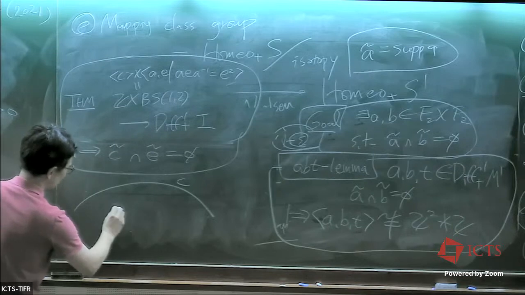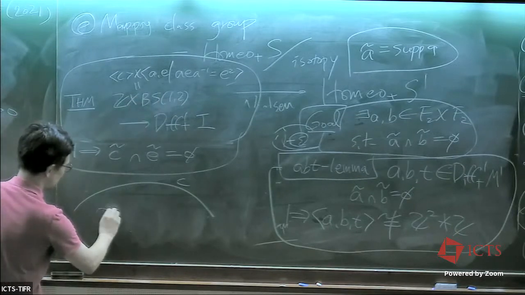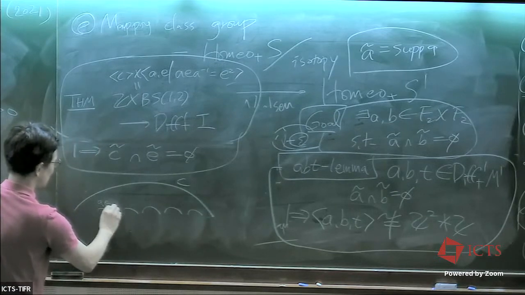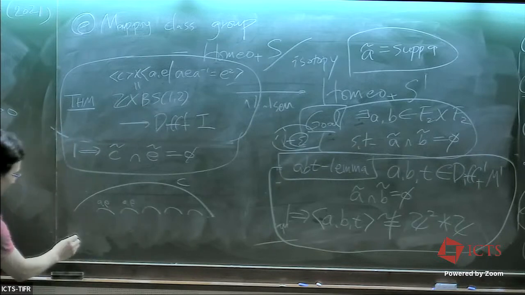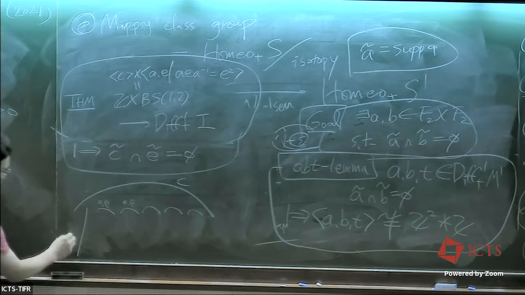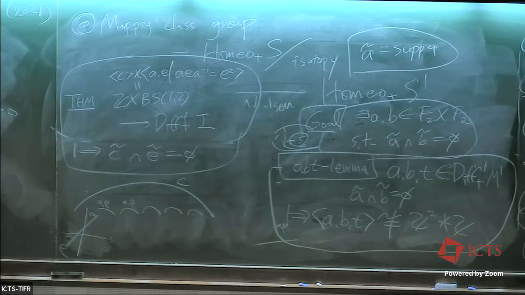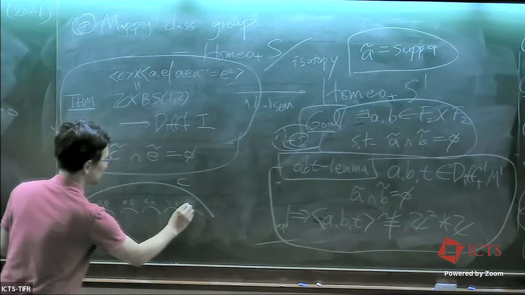And this is an affine-like action, where A and E act like affine maps: A is like multiplication by 2, and E is like translation by 1. Something like this. So this thing infinitely repeats.